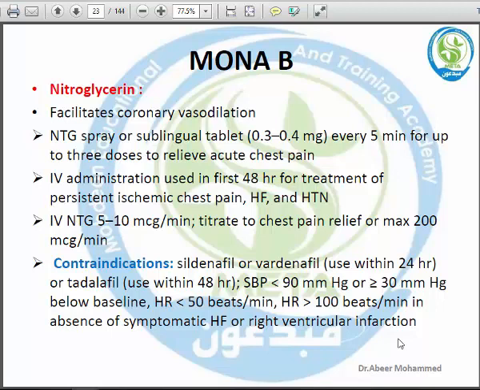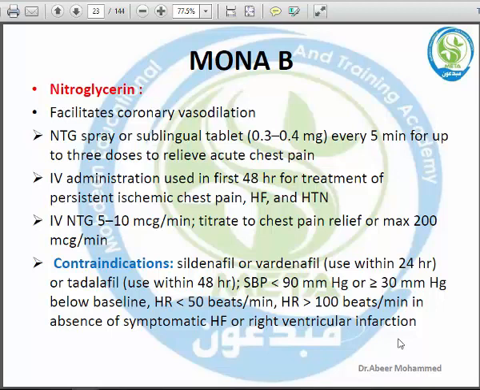Contraindications of nitroglycerin دي important شديد، لأنه ممكن تكون مفتاح حل الكيسز. إذا كان العيان استعمل sildenafil or vardenafil within the past 24 hours, we cannot give him nitroglycerin.